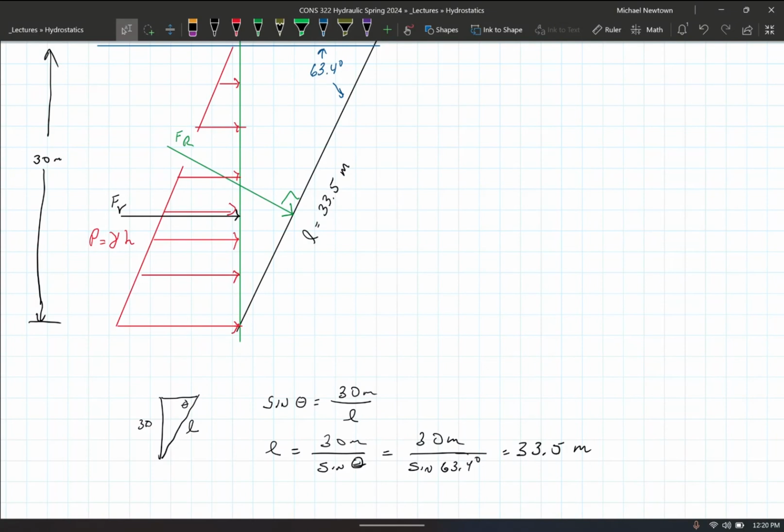Oh, this must be one of those problems that ran over to the next page. Oh, there we go.